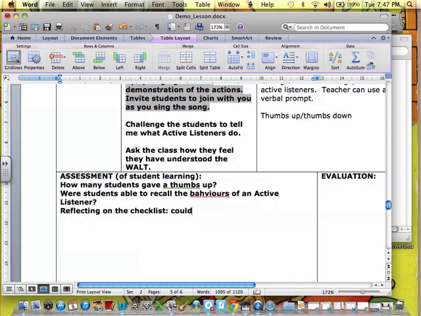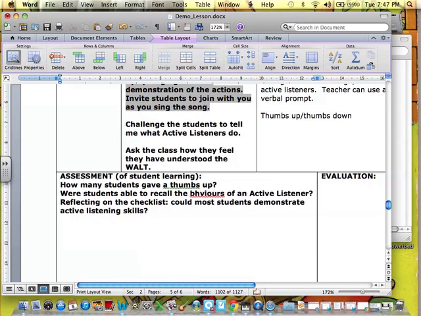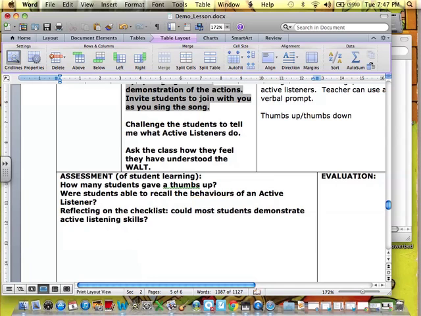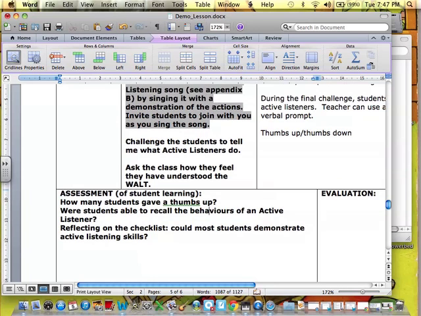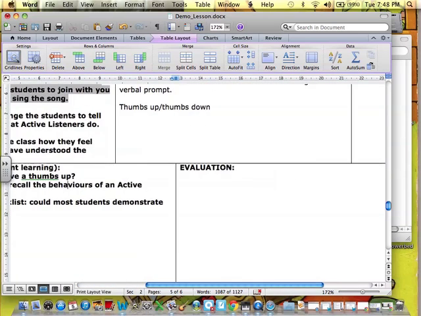What questions would you ask? Could most students demonstrate active listening skills? Okay, so always going back up to your outcomes and the things that you put at the top, because it all needs to link in.